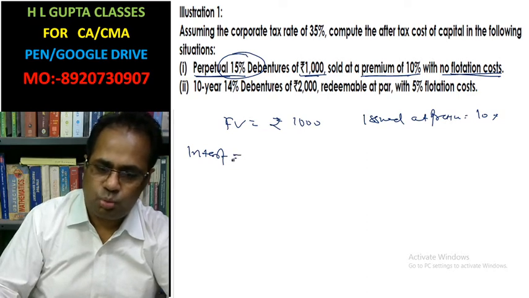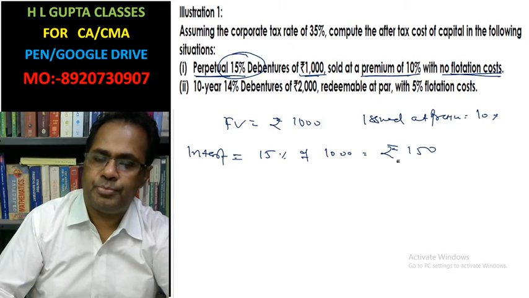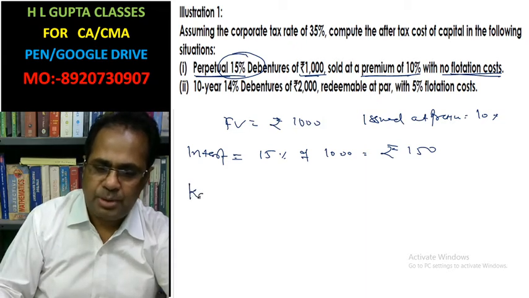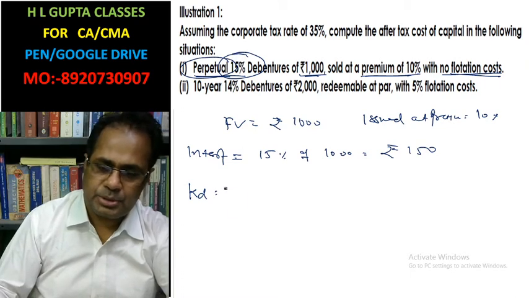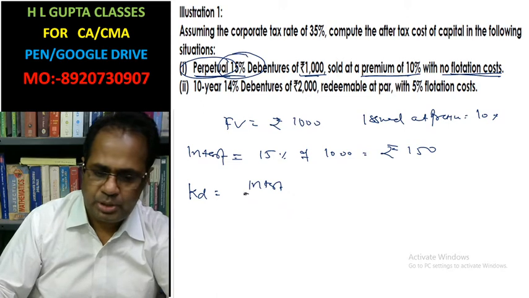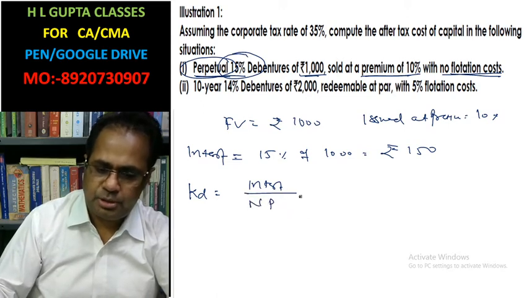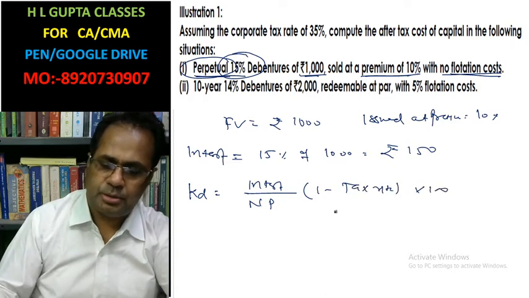Then in this case, what will be the interest? 15% of rupees 1000, this is rupees 150. Cost of debt formula in the case of perpetual is interest divided by net proceed, into 1 minus tax rate, into 100.